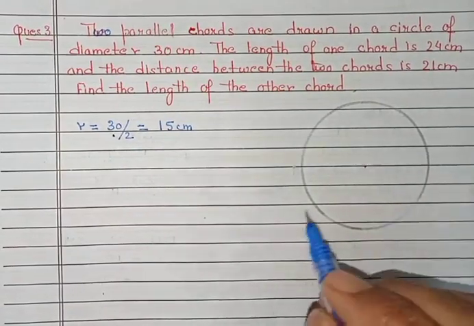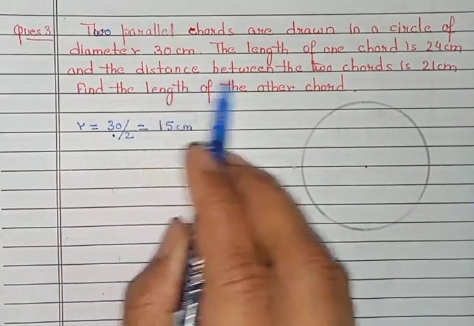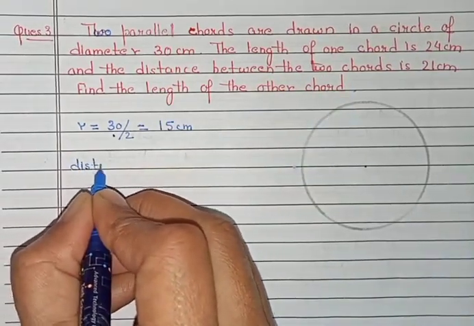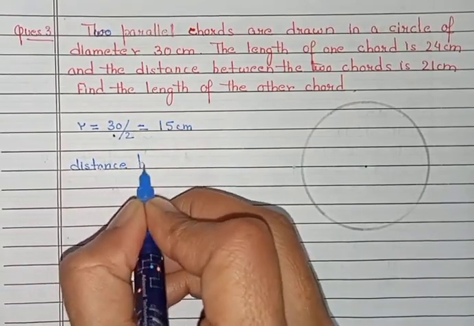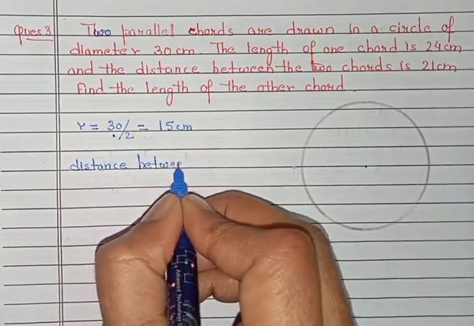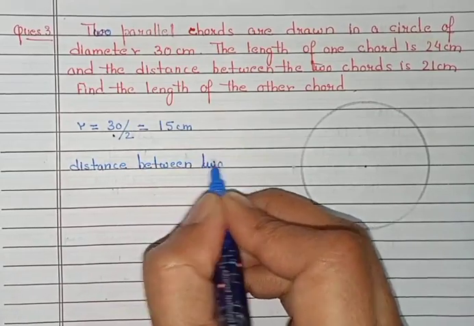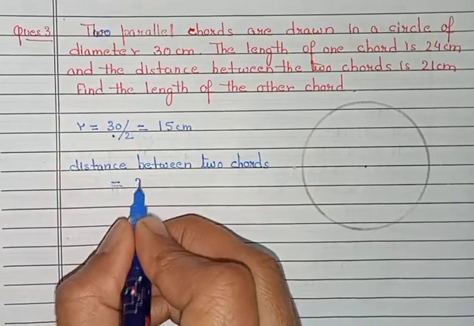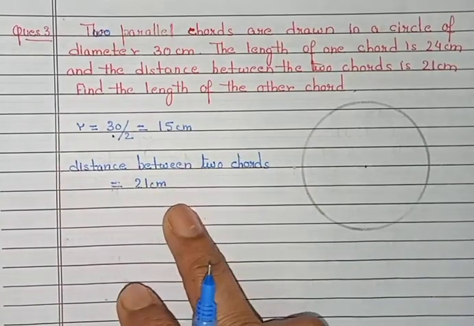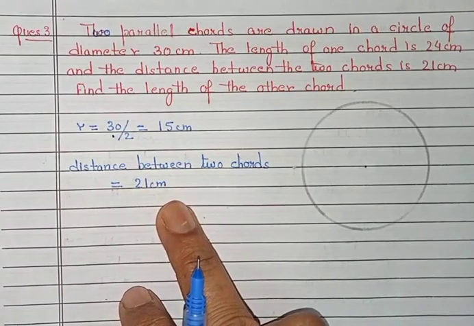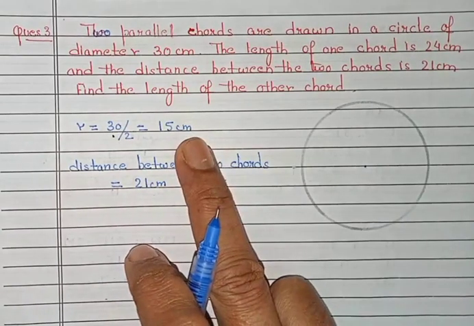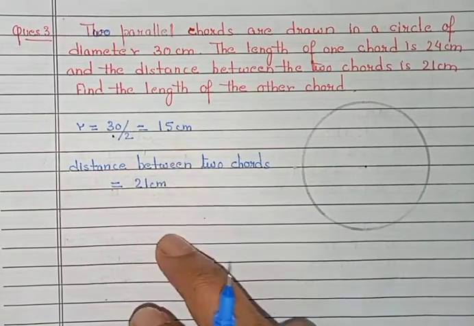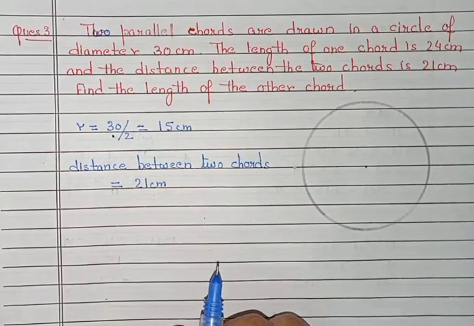Now one very important thing is they have given you distance between the two chords is equal to 21. Now remember, whenever the distance between the two chords is greater than the radius, then the two chords cannot be on the same side of the center.